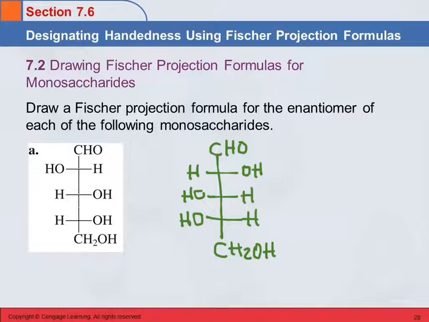So this is the D isomer, and this one will be the L isomer. And I think of this guy as being multi-jointed, as curving backwards, and each of these is a pair of arms sticking out. It's kind of creepy, I suppose.